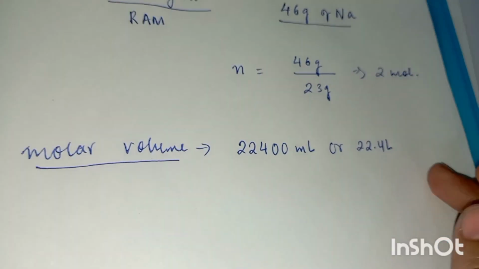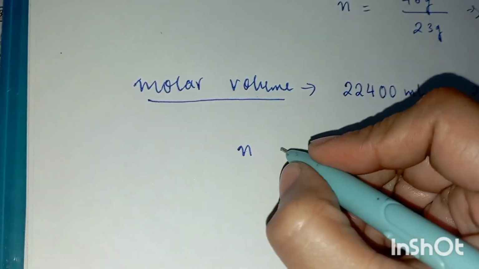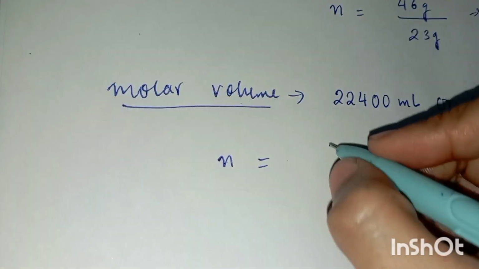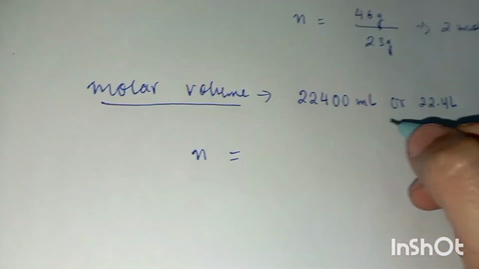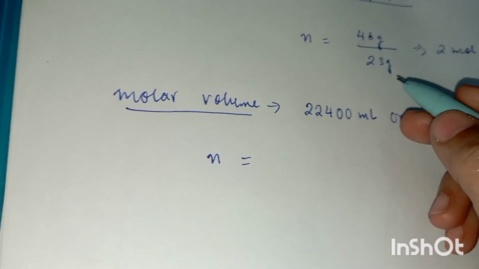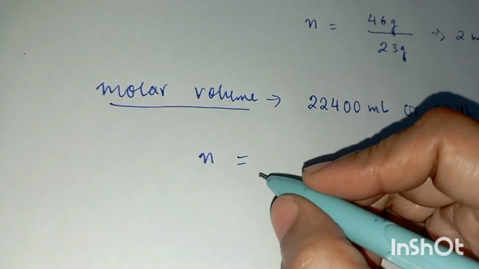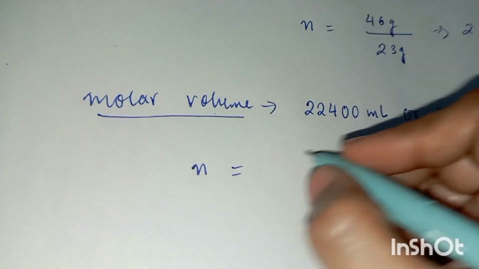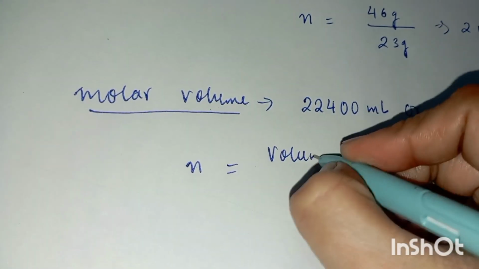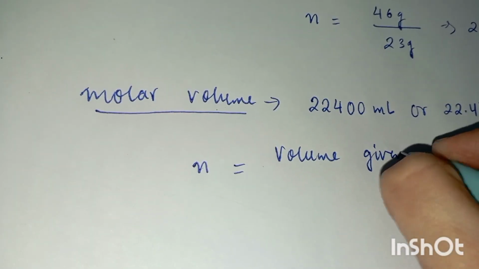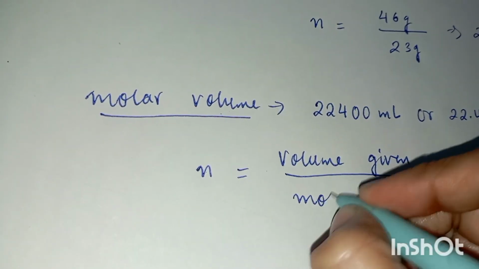or 22.4 liter. Okay, so another formula to calculate the number of moles of any gas, if volume is given but mass is not given, is equivalent to the volume given upon molar volume.